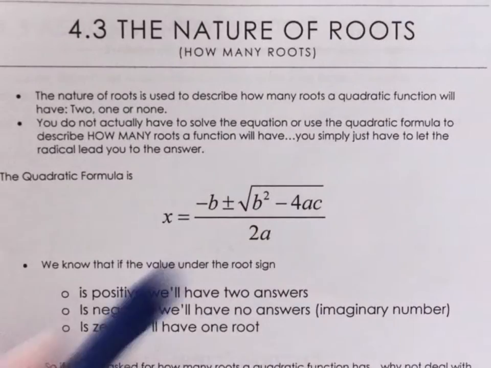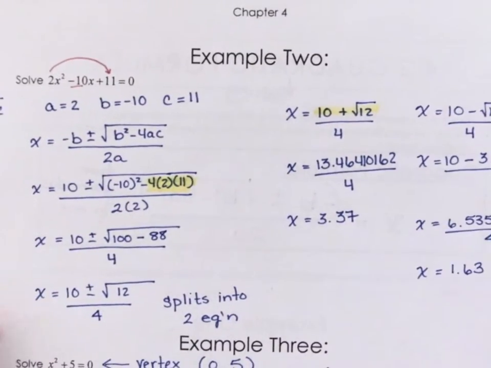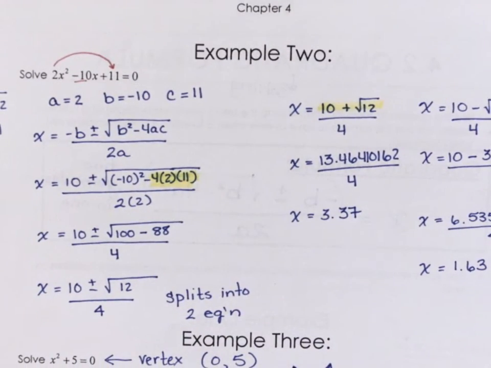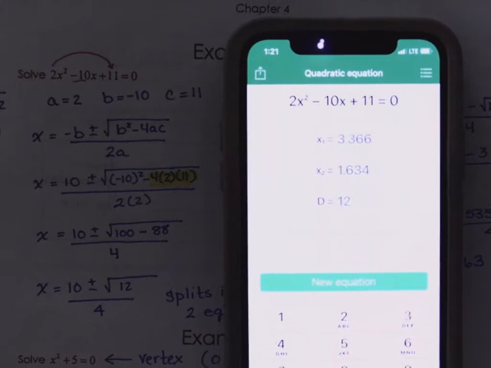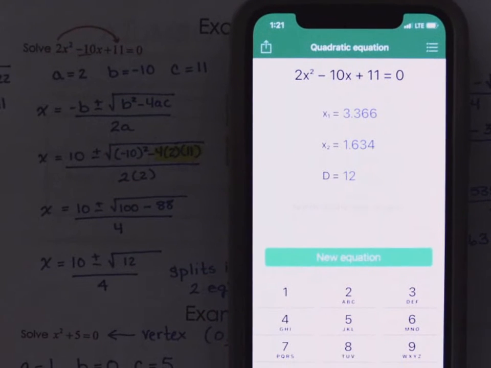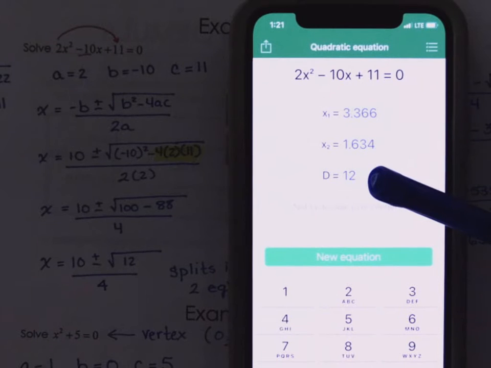I'm just going to flip back to yesterday's lesson really quick to do an example. Let's go back to this one for a second. I'm going to put this in my quadratic solver. So my A is 2, my B is -10, and my C is +11. Let's solve that equation. Okay, so you can see both of them here. The discriminant is the 12. That's what today's lesson is about.